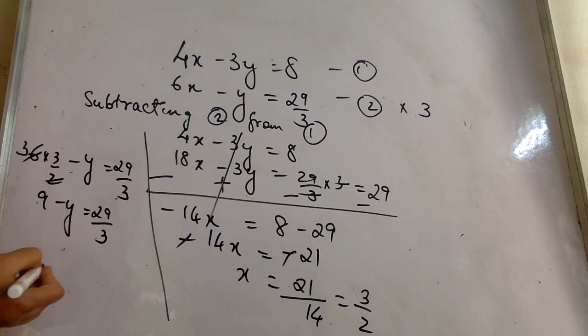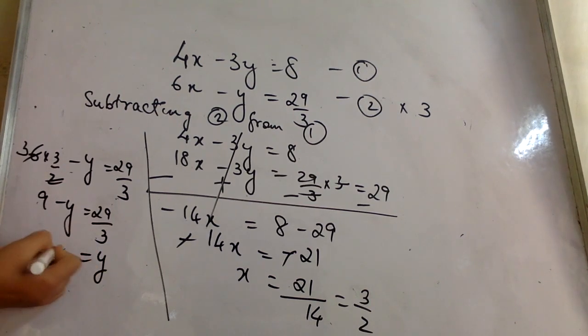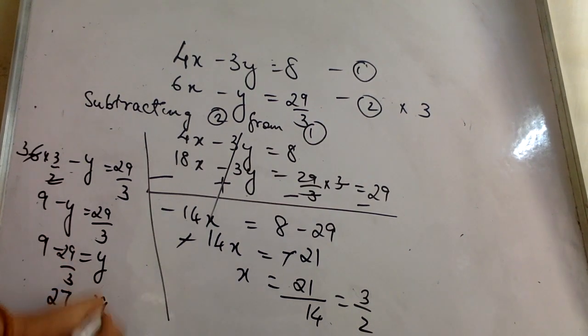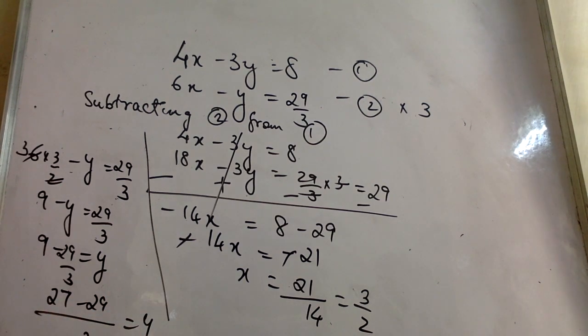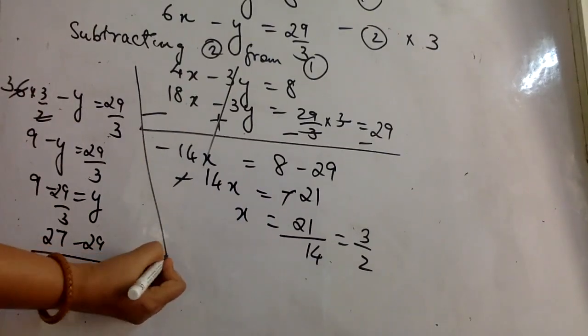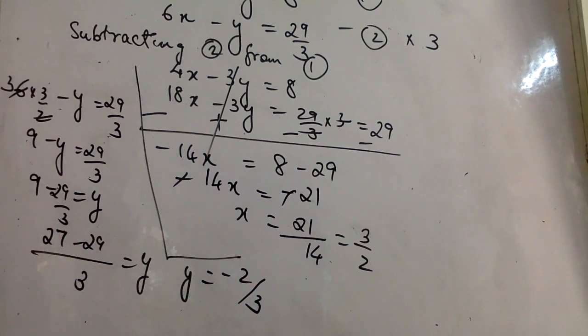If I take the y this side, 9 minus 29 by 3, that is 27 minus 29 by 3, is equal to y. That is minus 2 by 3, isn't it? So that gives me y is equal to minus 2 by 3.